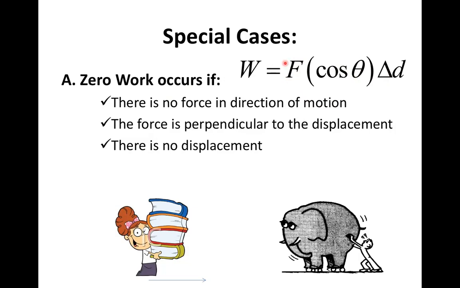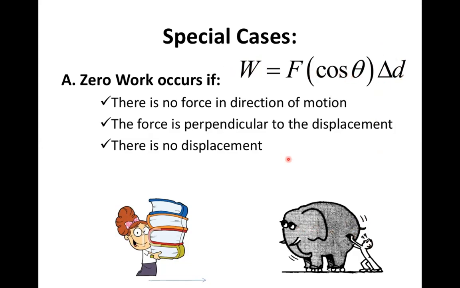They could be at rest, or traveling at a constant speed, and work would be 0. If there's no displacement, so if I push on an elephant as hard as I can and the elephant does not move, since there is no displacement, there is no work done on the object. And then the third way is if cos theta is equal to 0.